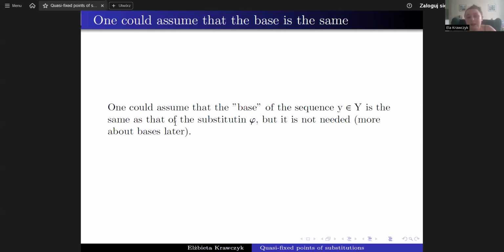Okay, so here I could assume that the base of my sequence Y is the same as the base of the original substitution phi, but it is not really needed for the proof. And I also haven't told you what the base is in this general case, so let me skip it for now.